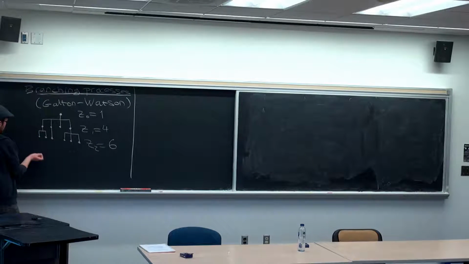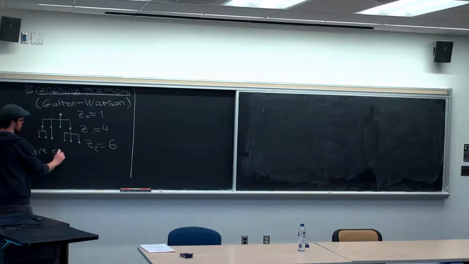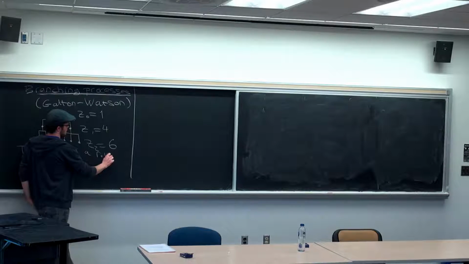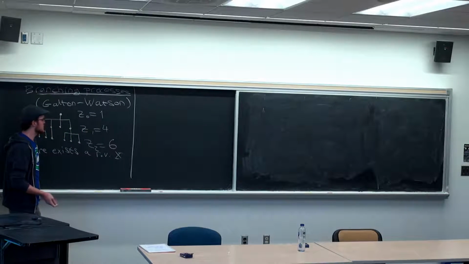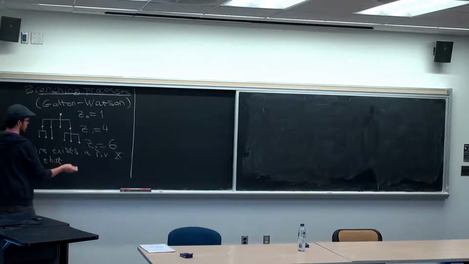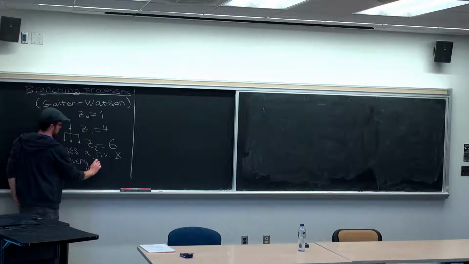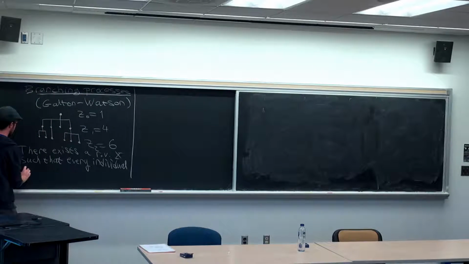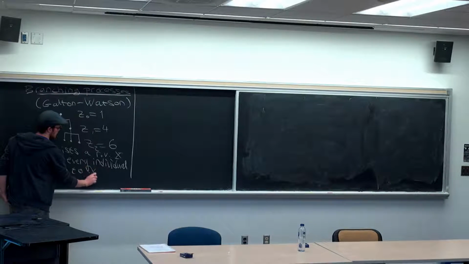So I'm just going to say there exists a random variable, I'll call it X throughout, that takes non-negative integer values, such that every individual gives birth to xi children. We index it somehow.